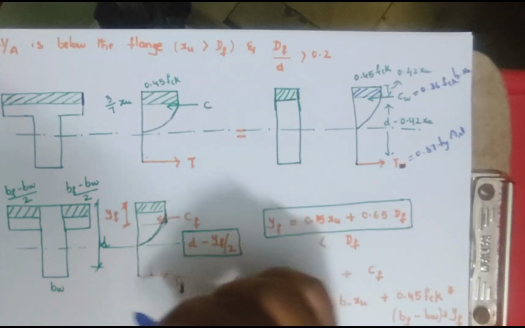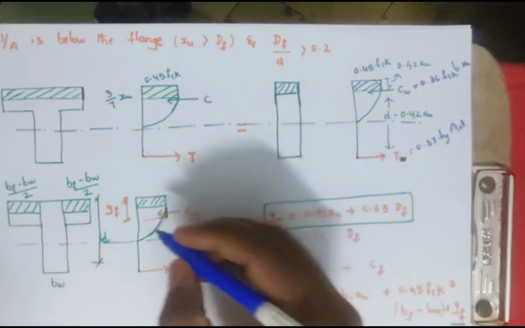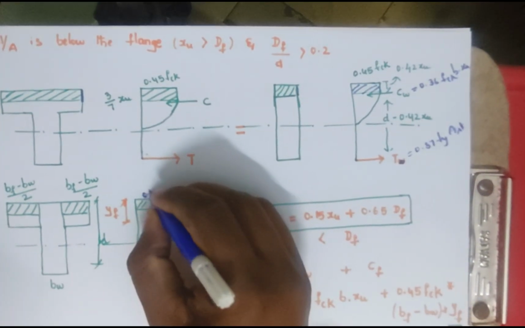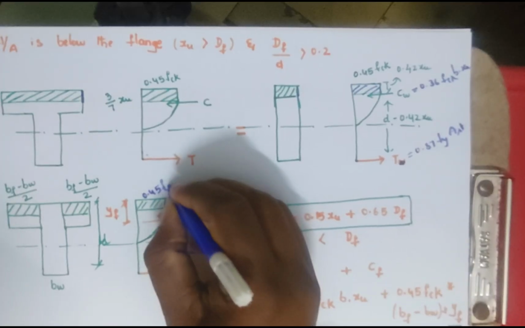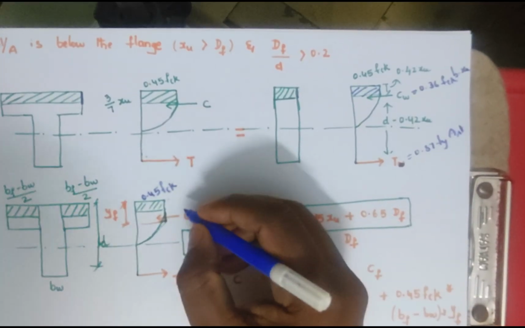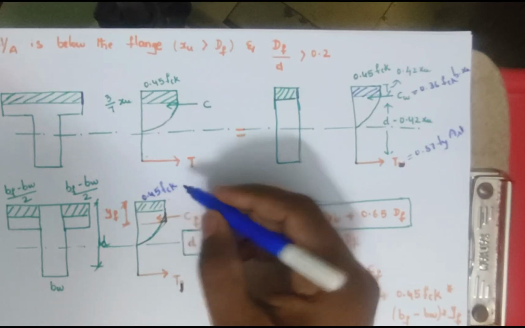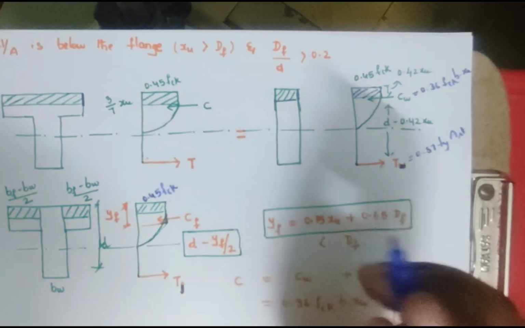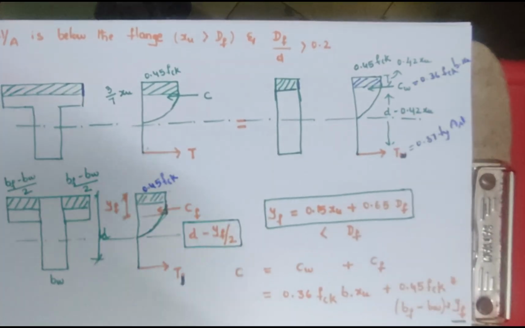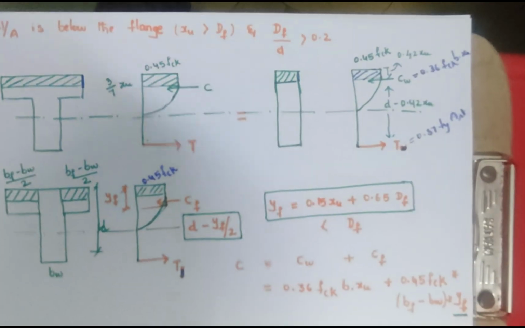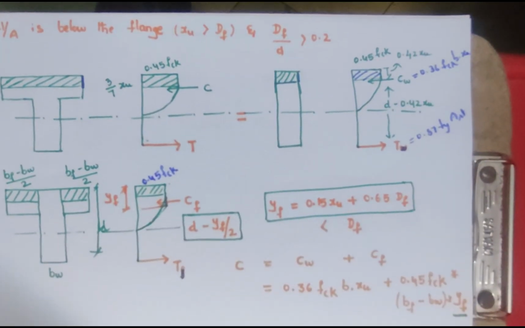Next, coming to the flanged portion, right? Here only a certain portion of the depth of the flange has reached the stress of 0.45 fck, where there is a small change.